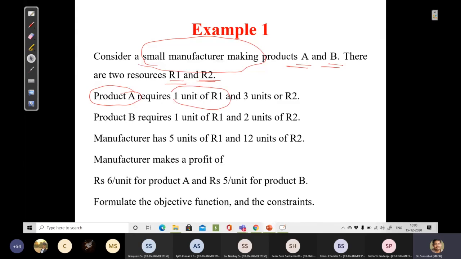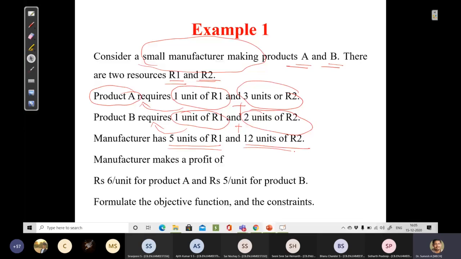Similarly, 1 unit of R1 and 2 units of R2, if you combine, you will get 1 unit of product B. And the manufacturer totally has 5 units of R1 and 12 units of R2.